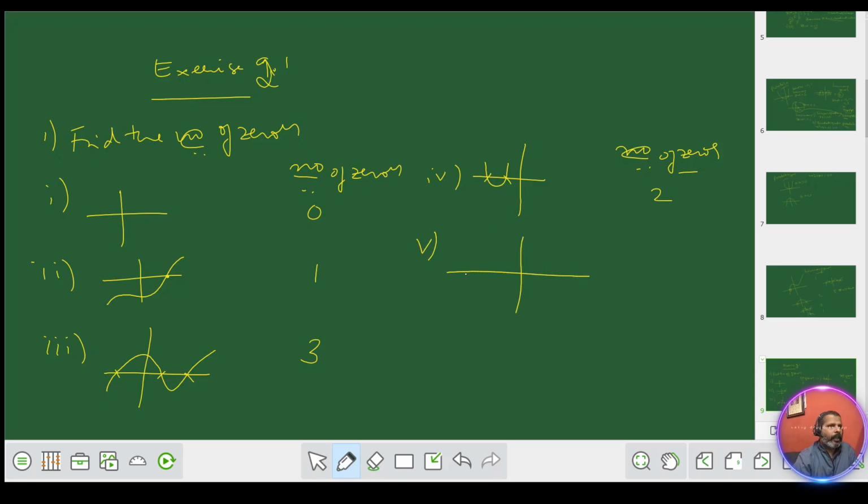Let's see another one. Here, how many zeros? 1, 2, 3, 4. 4 zeros. Clear? The reason is that the graph cuts the x-axis at 4 points. Okay, we have the last one in the exercise. Let's see that. I'll draw that.